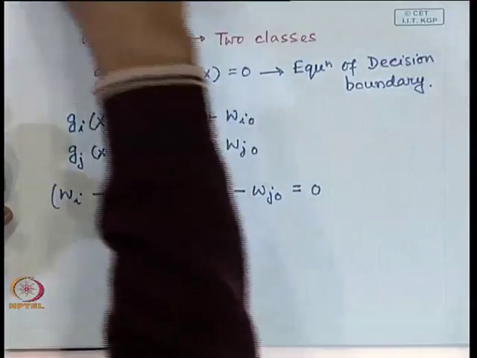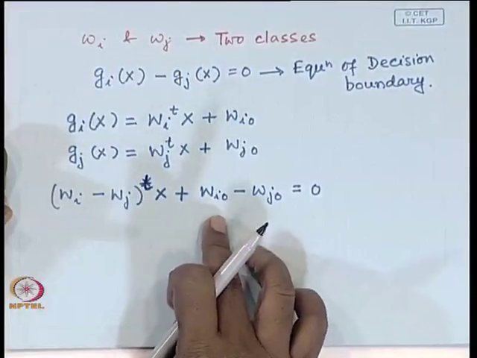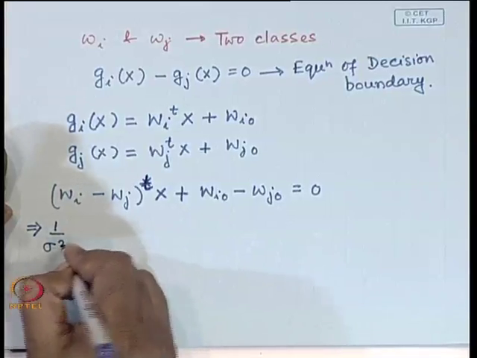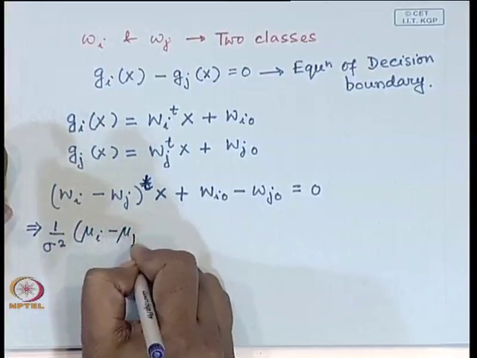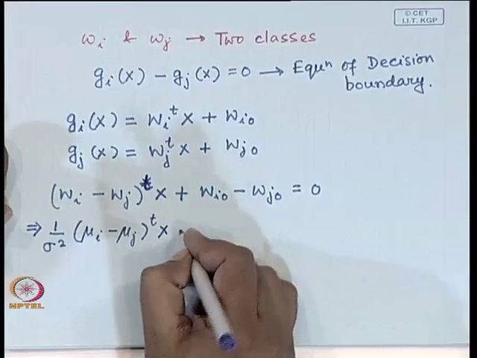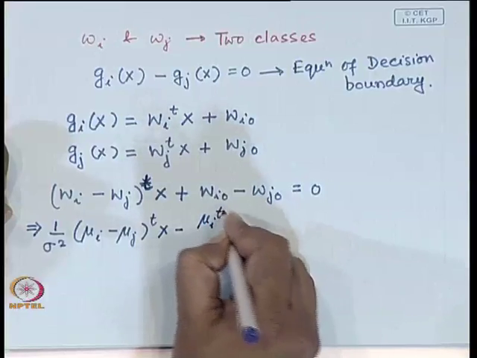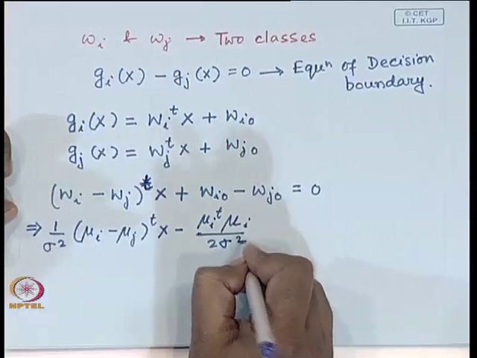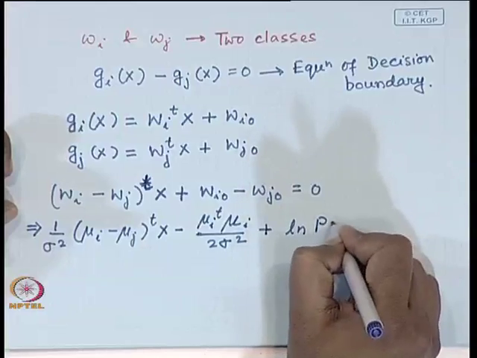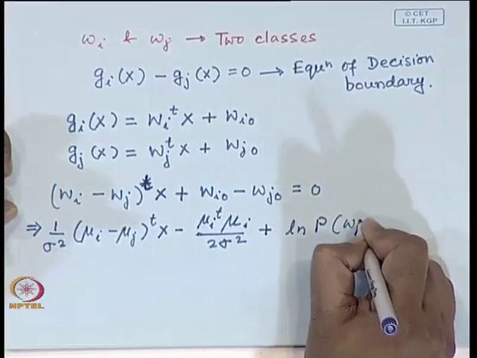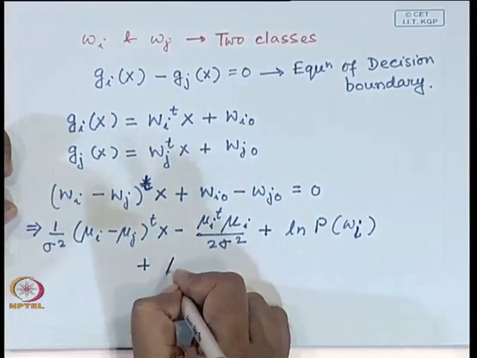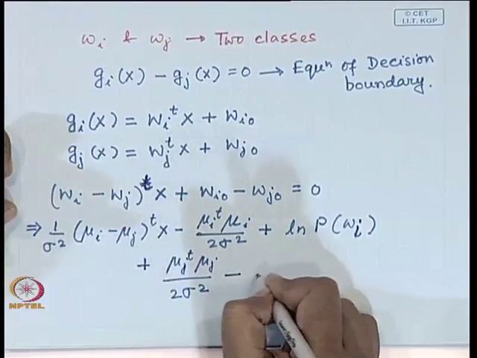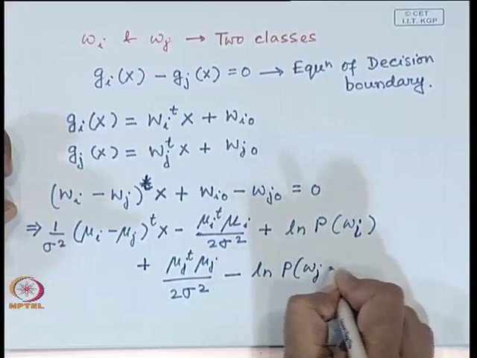By replacing these values of W_i, W_j, W_i0 and W_j0, this expression will simply become 1 upon sigma square (mu_i minus mu_j) transpose x minus mu_i transpose mu_i upon 2 sigma square plus log of P(omega_i), plus mu_j transpose mu_j upon 2 sigma square minus log of P(omega_j).